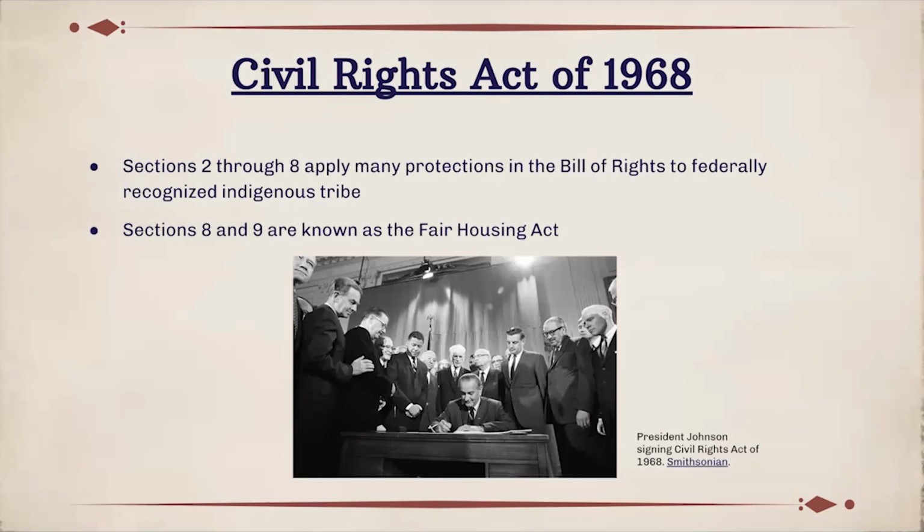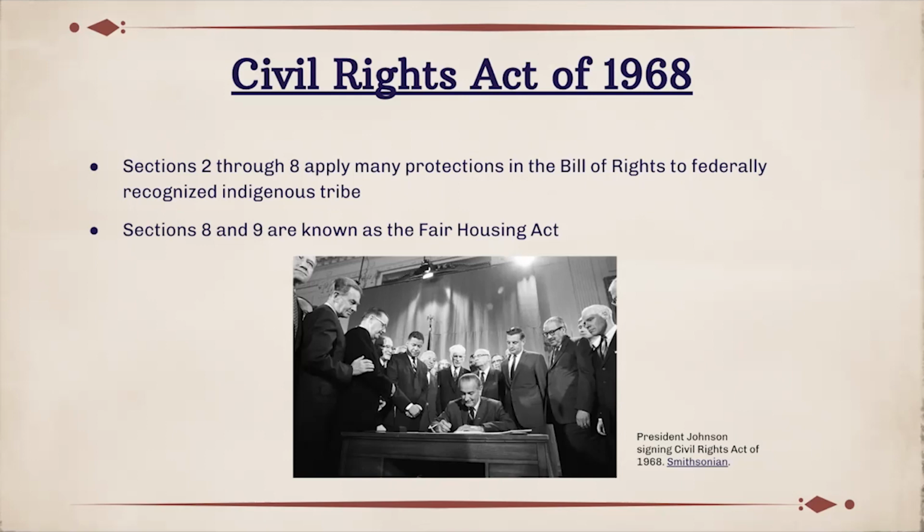Sections 2 through 7 apply many of the protections within the Bill of Rights to federally recognized indigenous tribes: the free exercise of religion, freedom of speech, freedom from unreasonable search and seizures, not having to testify against yourself in criminal cases, right? So these Bill of Rights protections that we just talked about now, in 1968, also apply to federally recognized indigenous tribes.